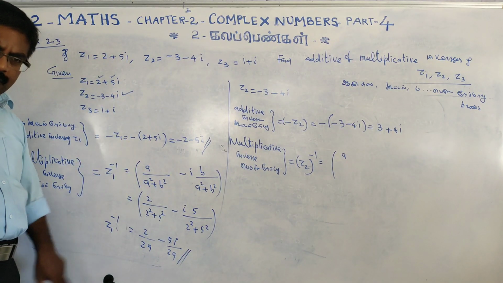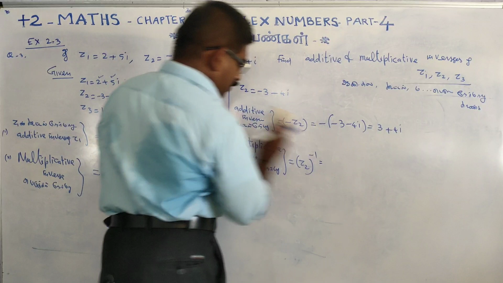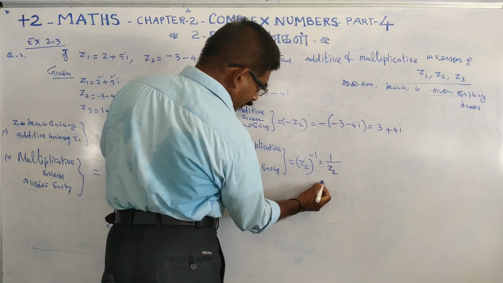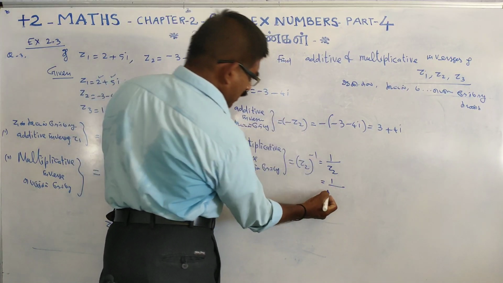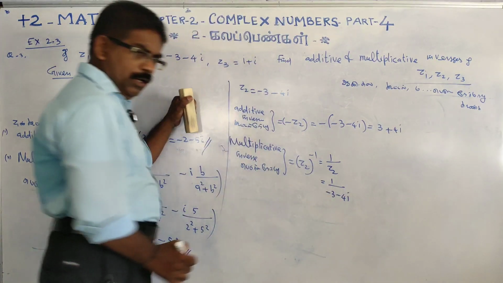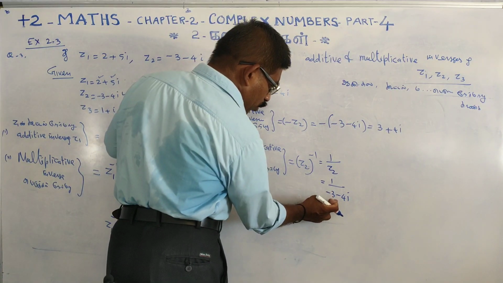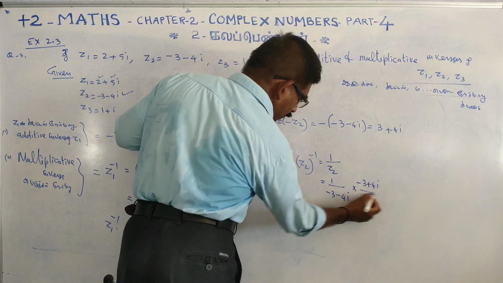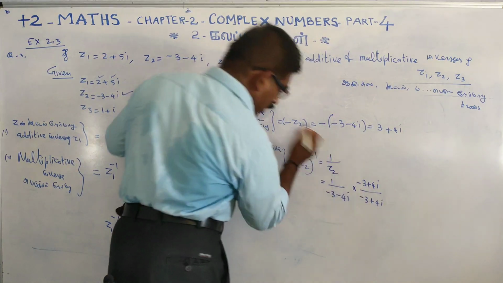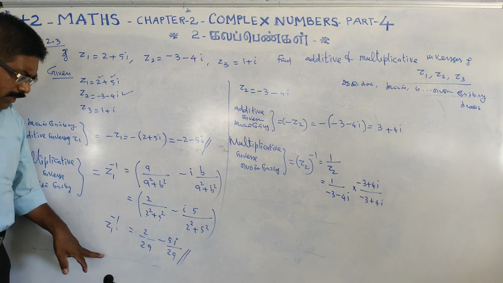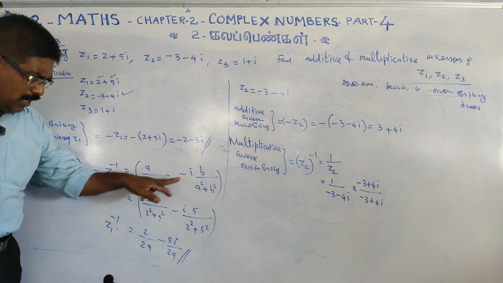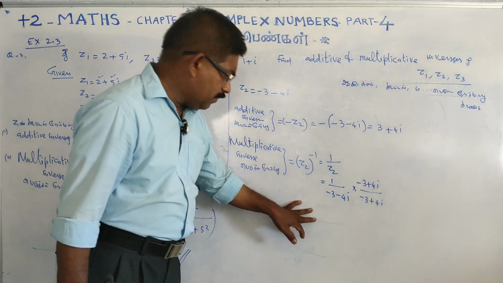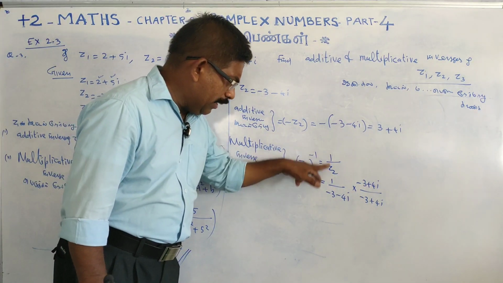This is the formula method: a by a square plus b square minus i b by a square plus b square. This is the first method. The second method: z2 power minus 1 equal to 1 by z2, that is 1 by minus 3 minus 4i. What can we do? We multiply by its conjugate, இணை எண்ணால் மேலேயும் கீழேயும் பெருக்கணும். The conjugate is minus 3 plus 4i. I am doing the problem in another method.